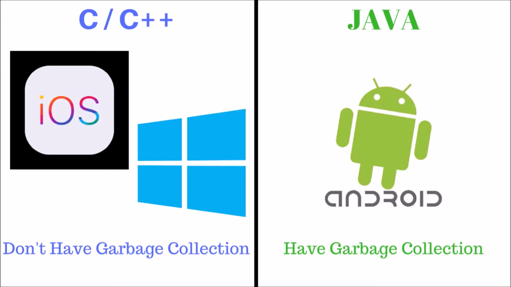This is because operating systems like iOS and Windows are designed on a completely different programming language. Windows, iOS and most other operating systems are developed on C and C++, which don't have a garbage collection feature. That's why iPhones with only 1 or 2 GB RAM can run very smoothly, whereas any Android device with the same amount of RAM can lag a lot.